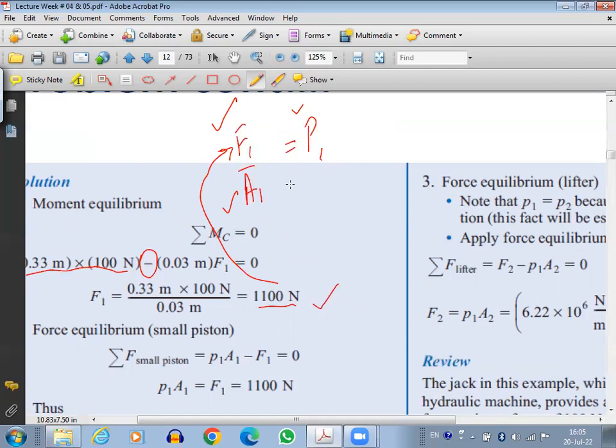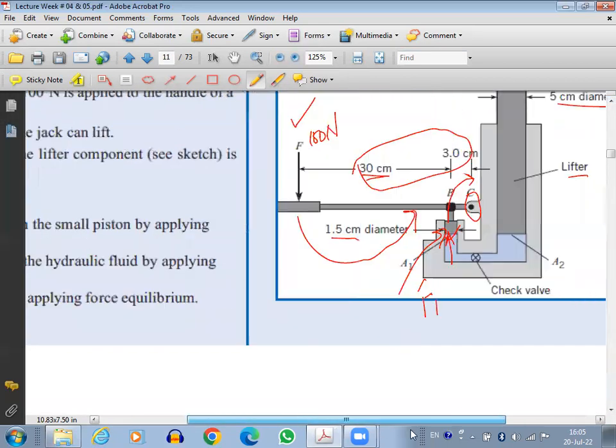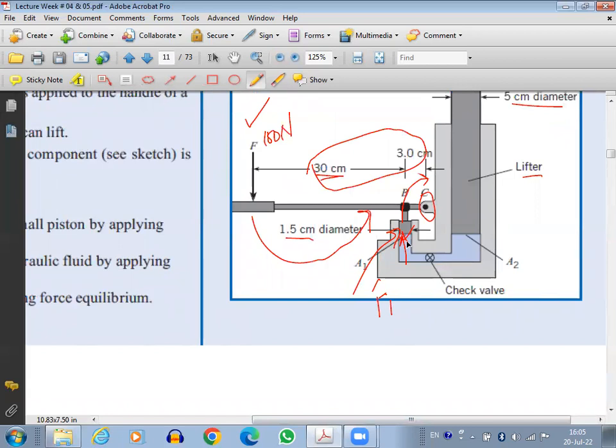Now here comes Pascal's law. Pascal's law says that if you apply a certain pressure at any point on the fluid, that pressure is transmitted throughout the entire fluid.